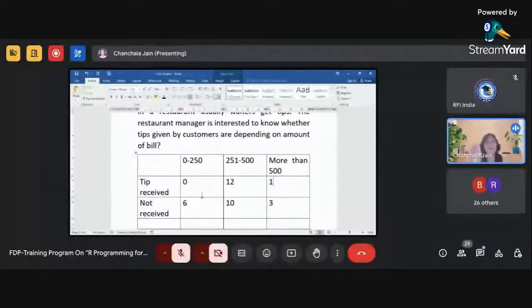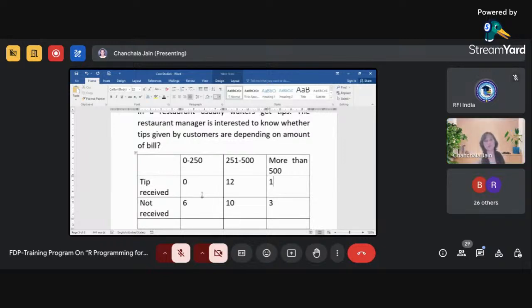We will get only a consolidated value of chi-square and the p-value after applying it. It is not like the case we have seen in ANOVA. In ANOVA, we are getting different p-values for the pairing of the data, right? In chi-square, only one p-value we are getting. So that way we can only comment whether the tip received by the waiter is depending upon the bill size or not.